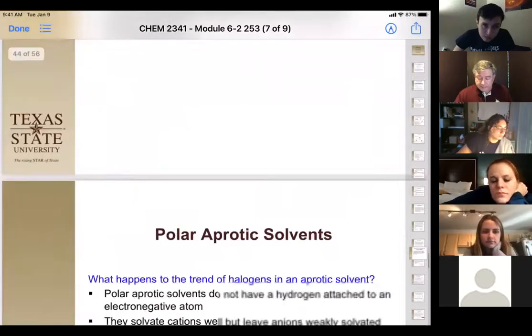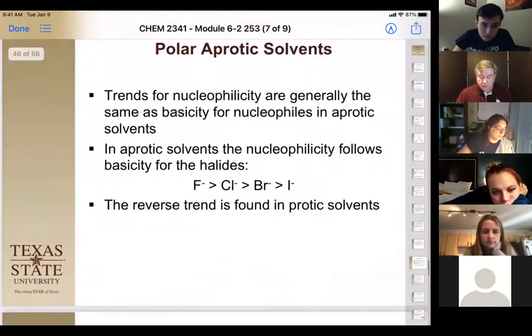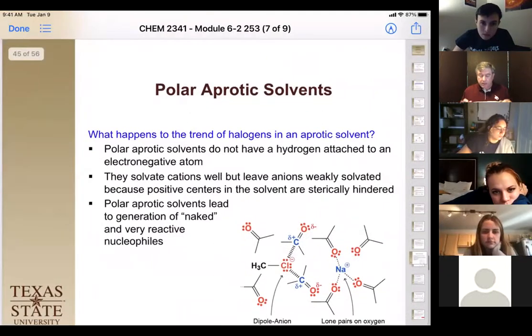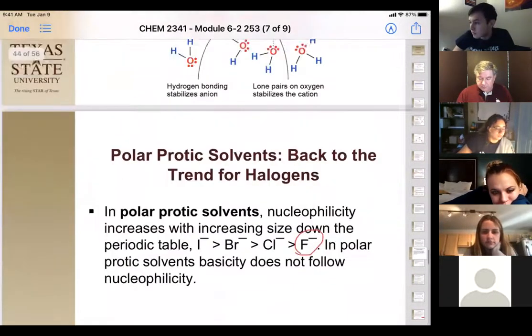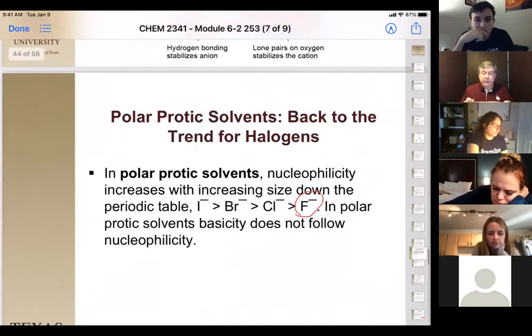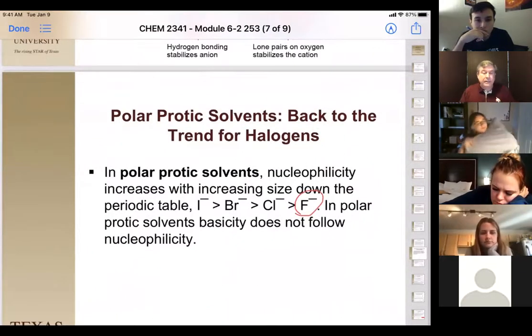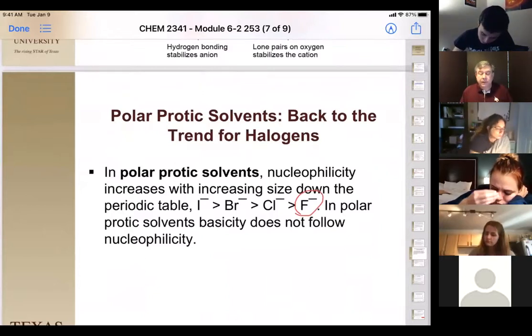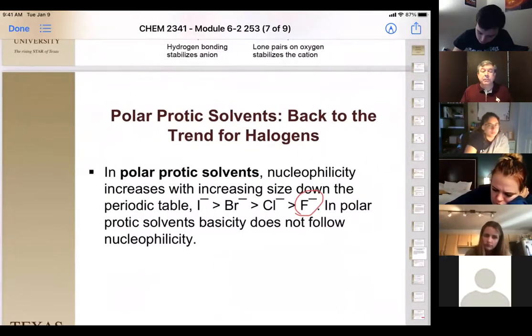Well, the reason is that fluorine is protonated by the solvent through that hydrogen bonding, and therefore the iodine is the stronger acid if it was hydrogen bonded to. And therefore in polar protic solvents, things that can hydrogen bond, iodine is our better nucleophile. That's because we have hydrogen bonding to an ion. It's creating a conjugate acid in the system, and iodine's the stronger acid.